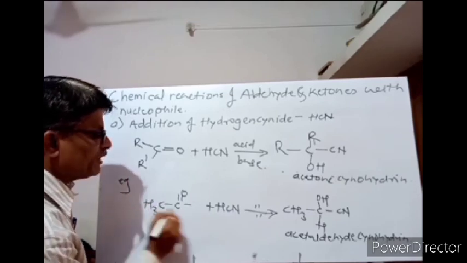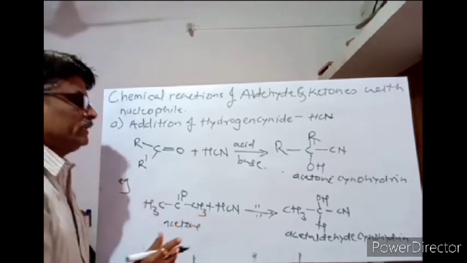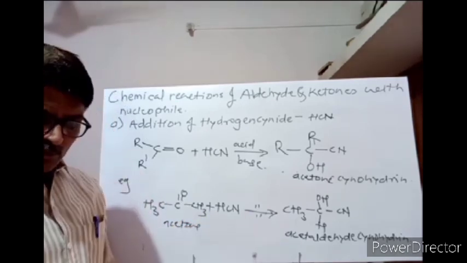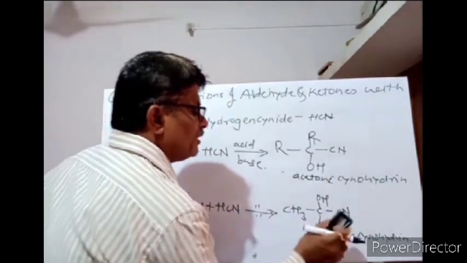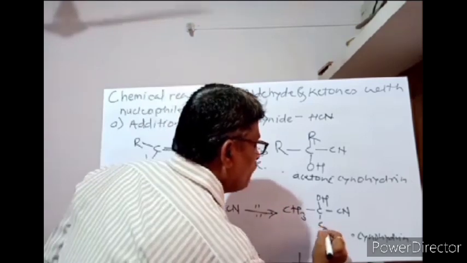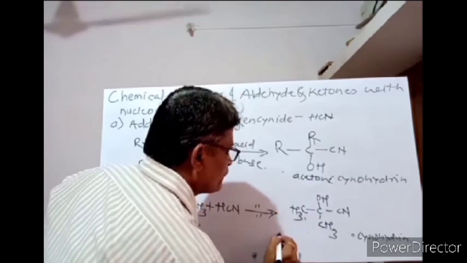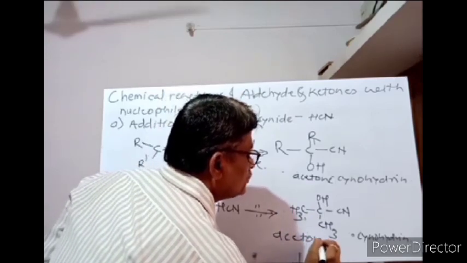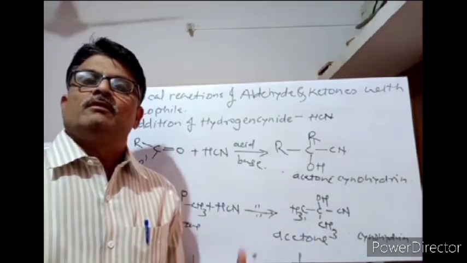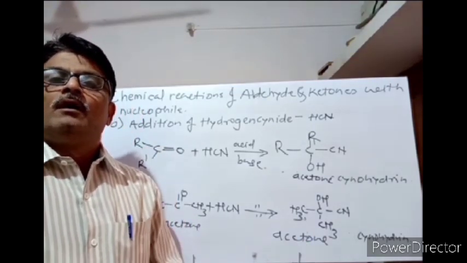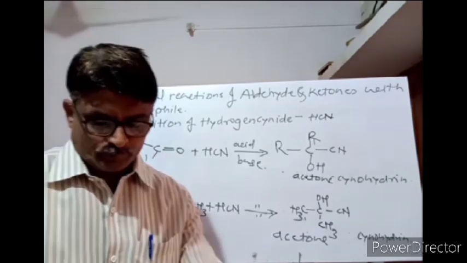Here is CH3, CH3, that is our acetone, reacts with HCN in presence of acid or base, and acetone cyanohydrin is formed. So this is a reaction with hydrogen cyanide of aldehyde and ketone.